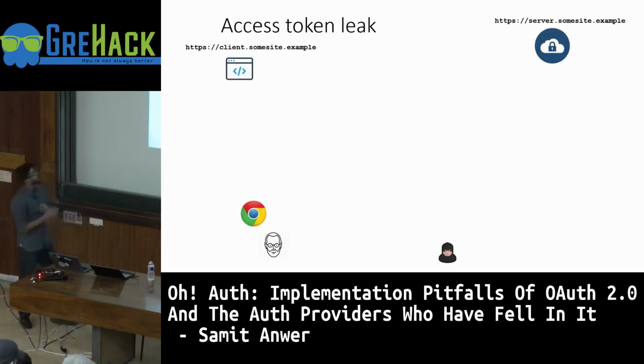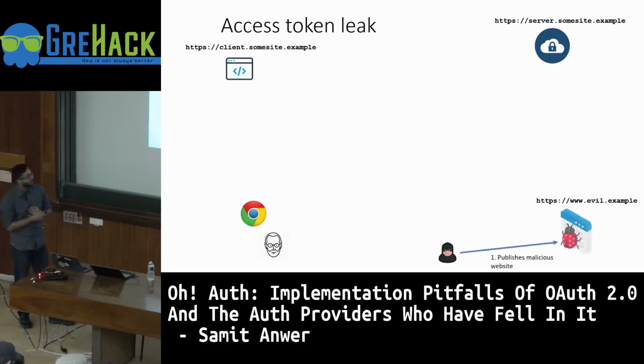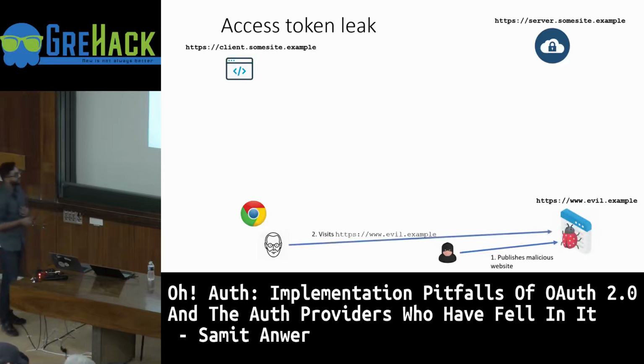Before that, here's the client domain, client.somesite.example, which it has registered with the auth server. And the server sits on server.somesite.example. So the attacker publishes a malicious website, evil.example, and the victim visits that FQDN.